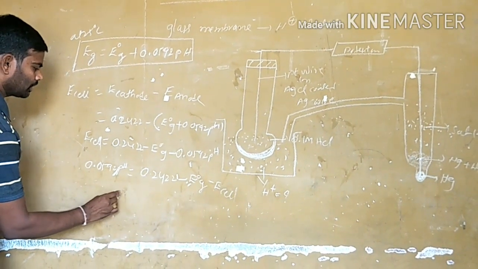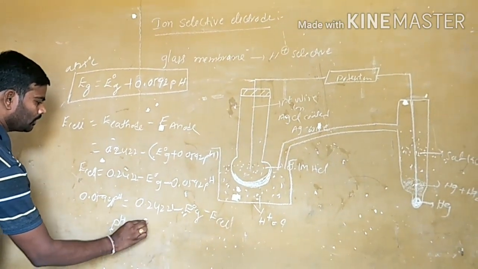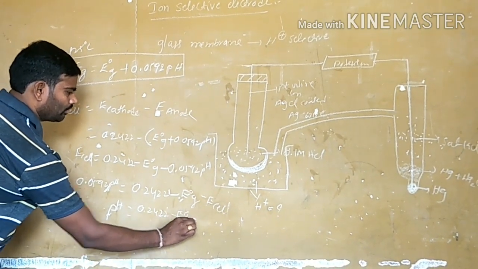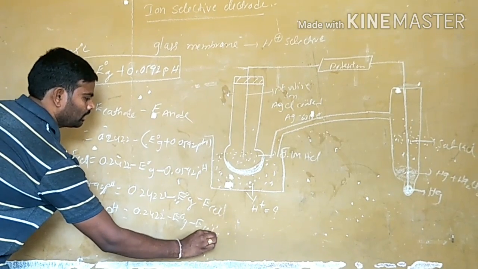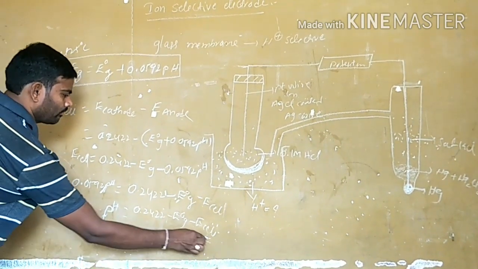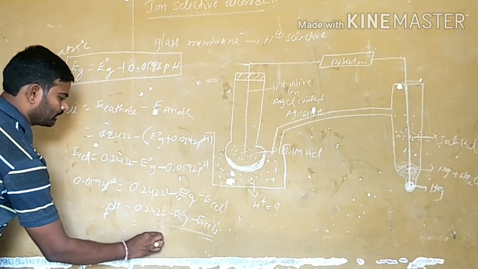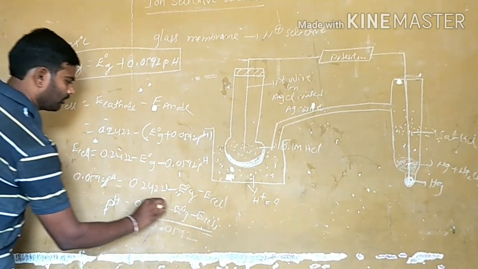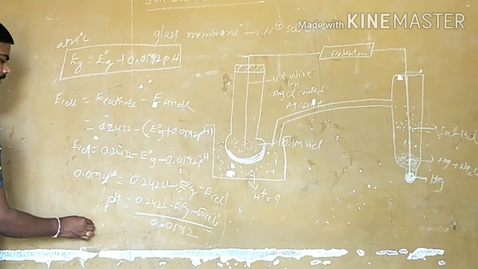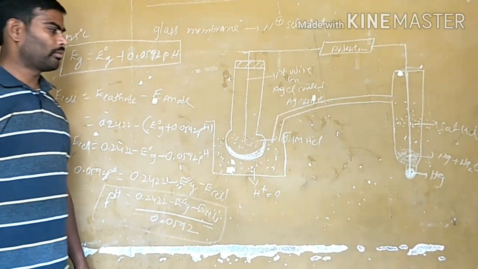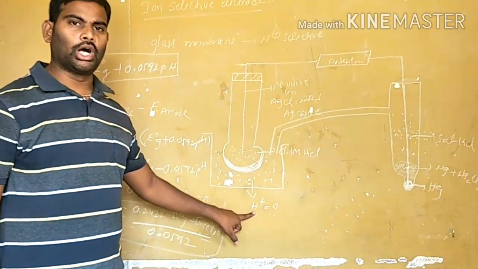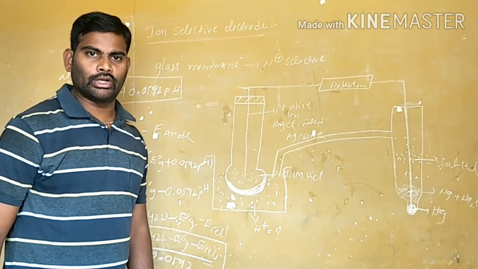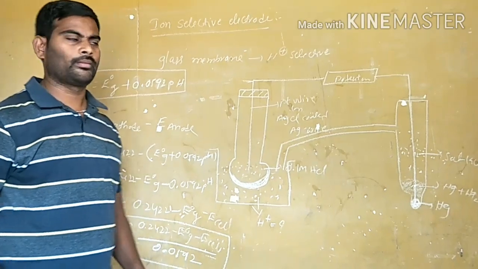From this, pH is equal to 0.2422 minus E naught G minus E cell divided by 0.0592. Once we know the pH of the solution, we can find the concentration of the unknown solution using this ion selective electrode, that is, the glass electrode.